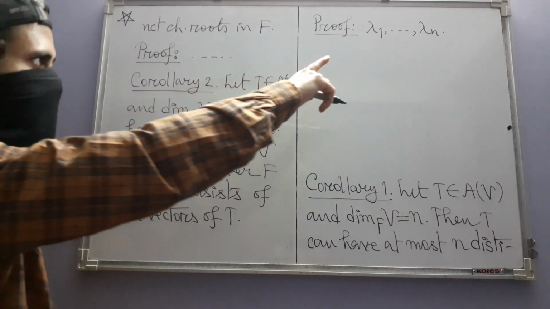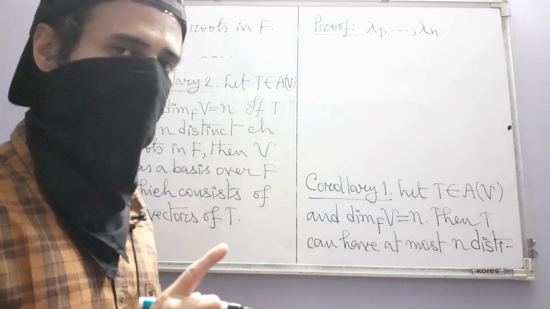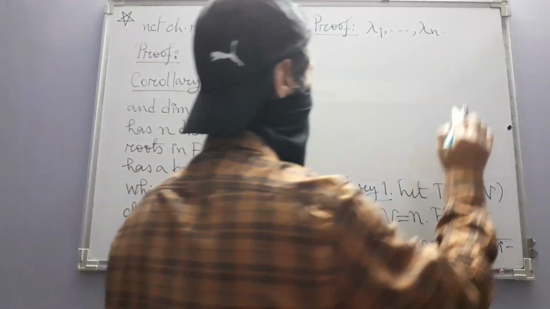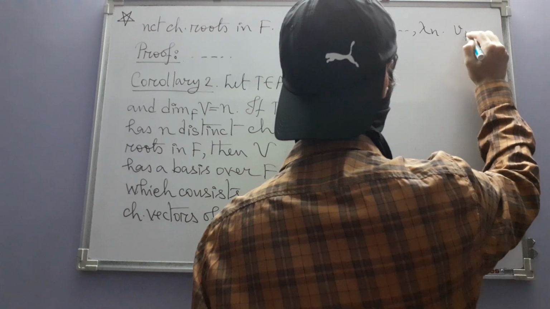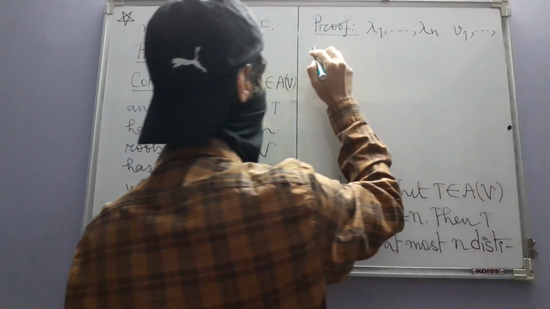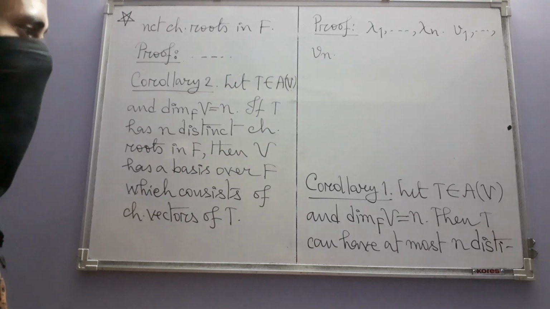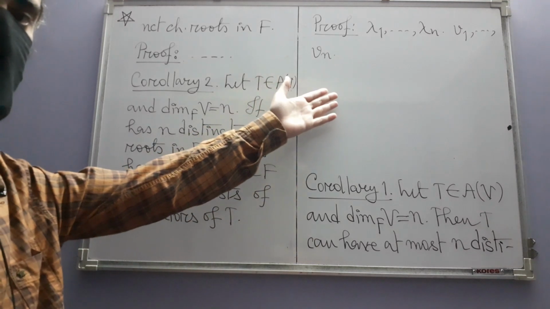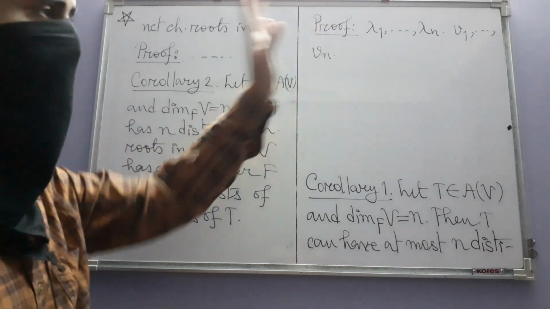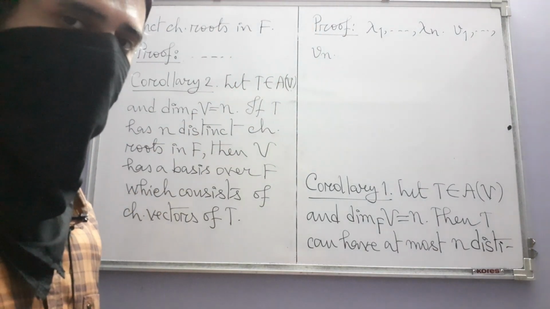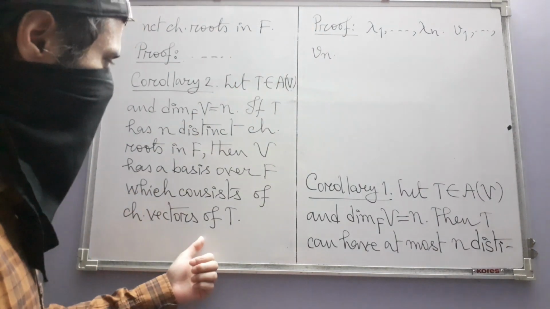Corresponding to each characteristic root, there is at least one characteristic vector, and let those corresponding characteristic vectors be these. Then, by that previous theorem, these vectors form a linearly independent set in V.